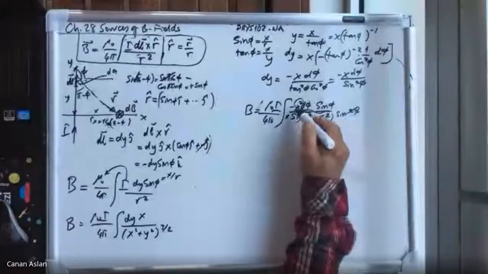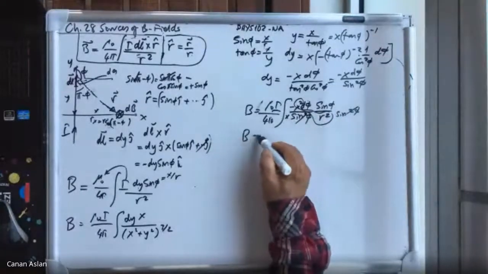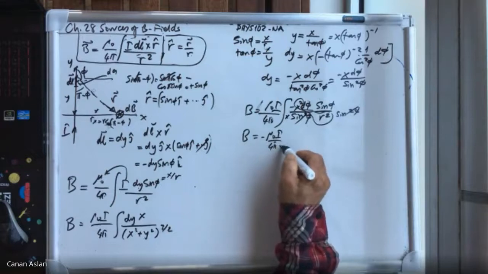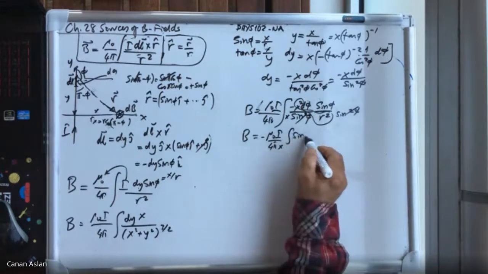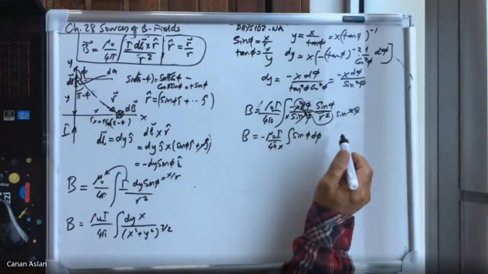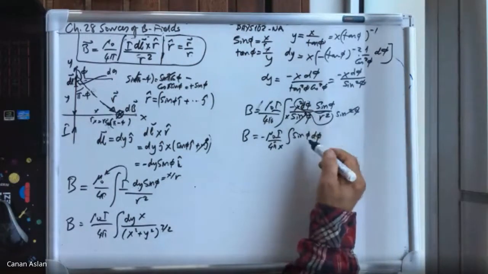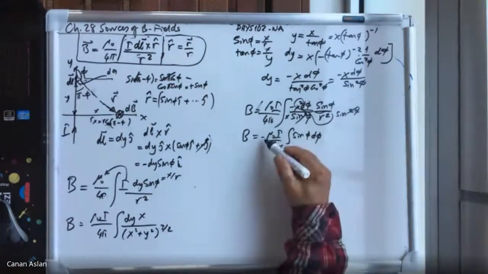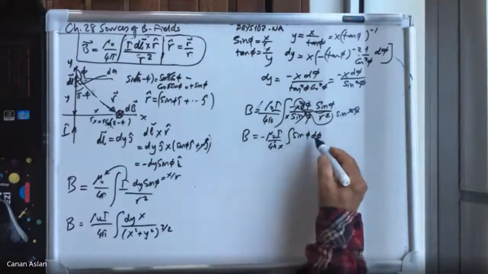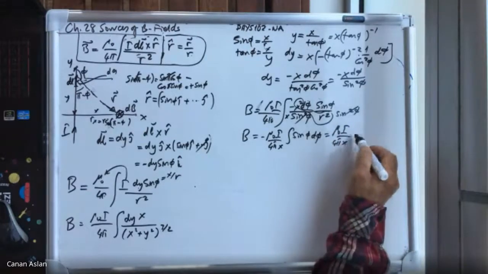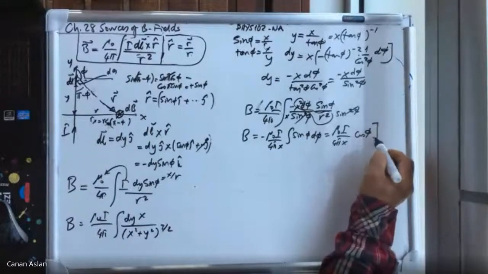All you are left with is, with minus sign, B will be equal to minus mu 0 I over 4 pi x, sine phi d phi. Now this is the result, but the integral of sine phi is minus cosine phi, so the minus signs will cancel, so that the result is just mu 0 I over 4 pi x, cosine phi, with some limits, of course.